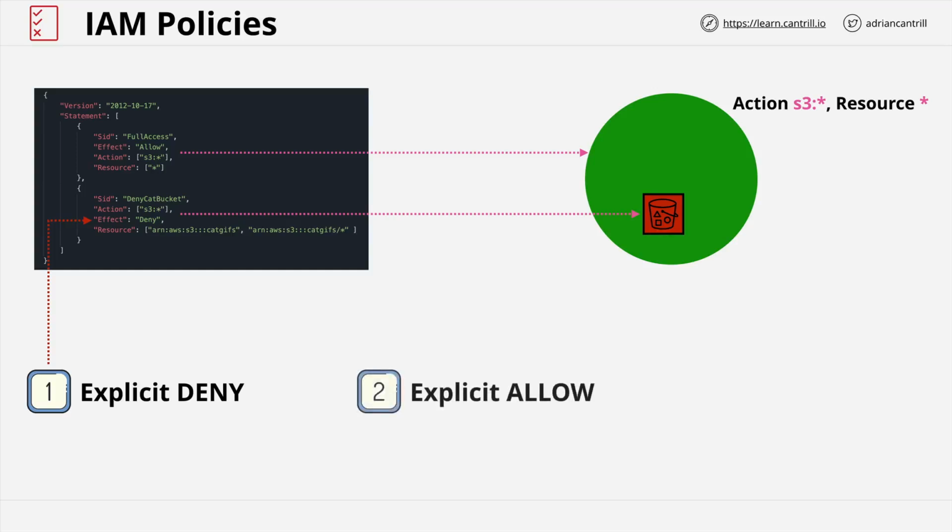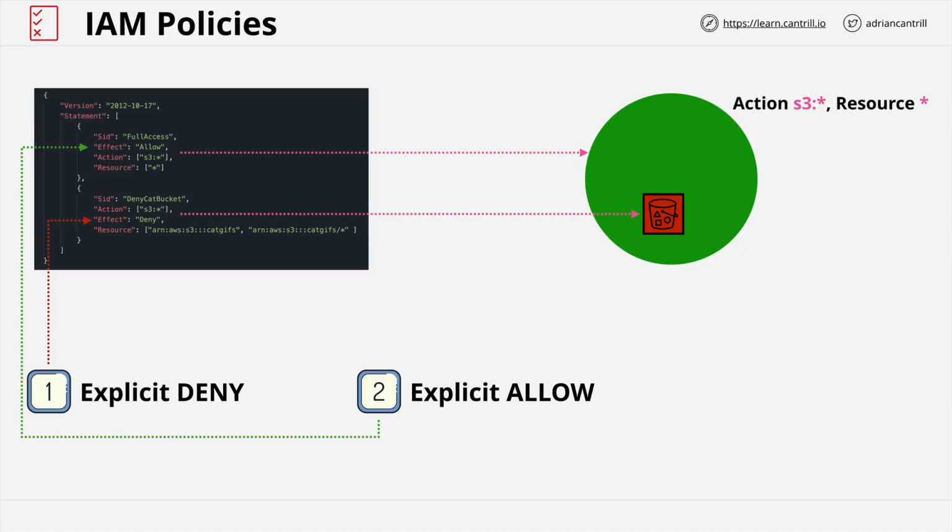The second priority are explicit allows. And in this example, this statement explicitly allows access to all S3 actions on any resource. And these take effect unless, and this is the really important part, unless there is also an explicit deny.